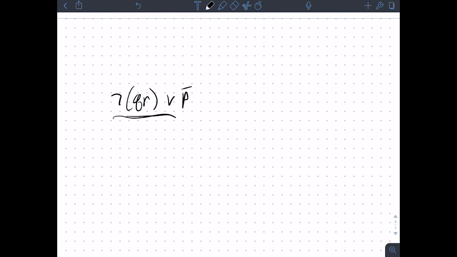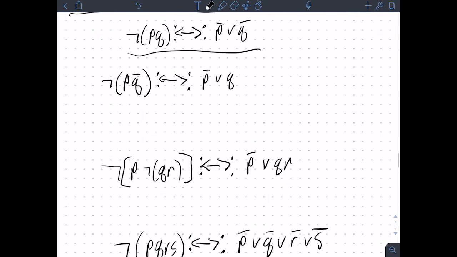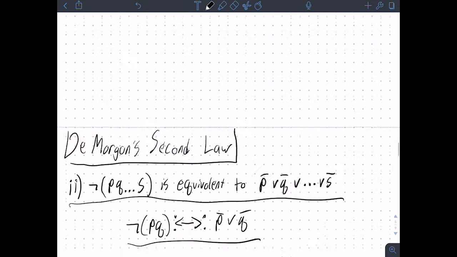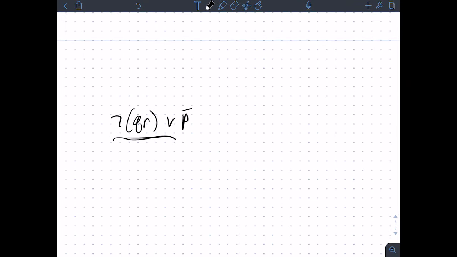Here's one that actually does work in reverse. If we have not Q and not R, or not P, the left side looks like the same form as the right side of ones like this. This is an alternation where every component of the alternation is negated.